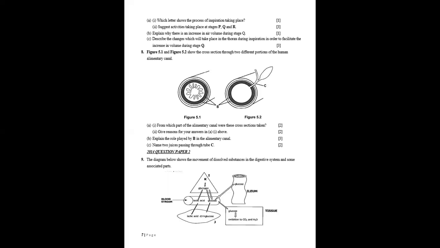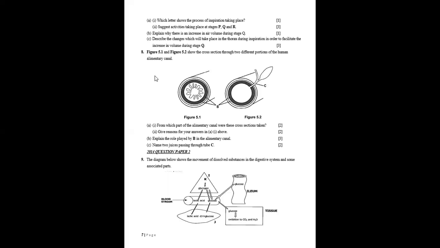Then external intercostal muscles contract and internal intercostal muscles relax. Then the rib cage moves upwards and outwards. Volume of the lungs increases while pressure in the lungs decreases. The air is drawn in. All right.